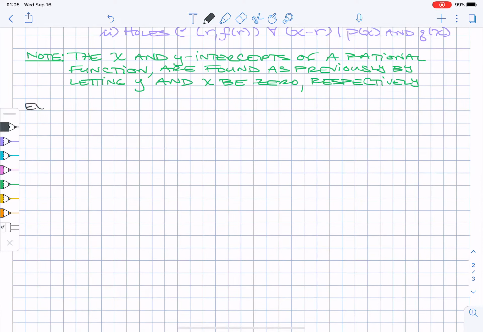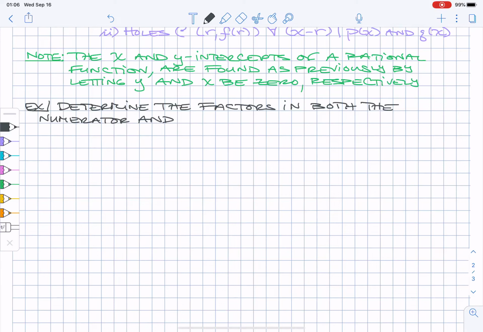So for example, determine the factors in both the numerator and denominator given the following.